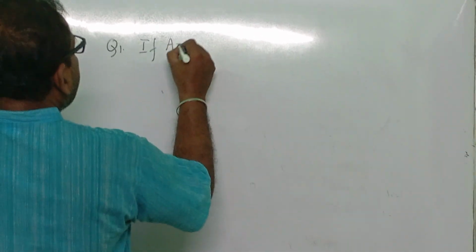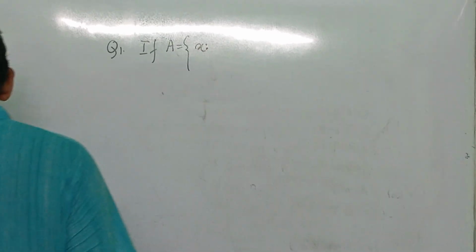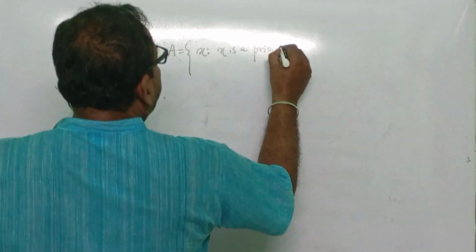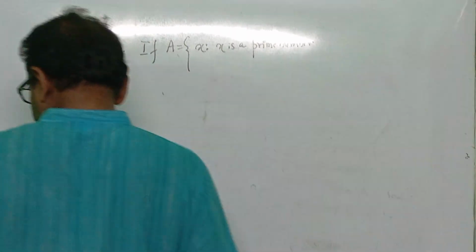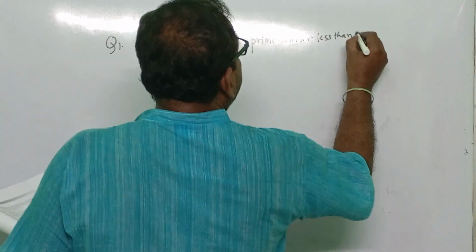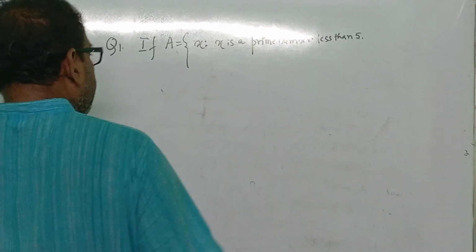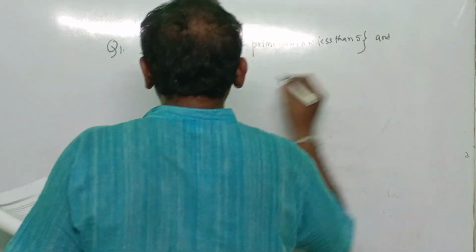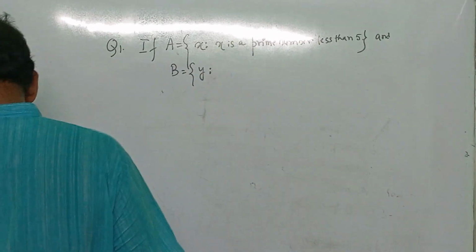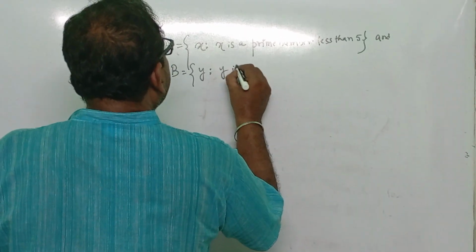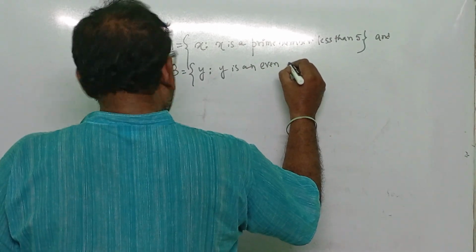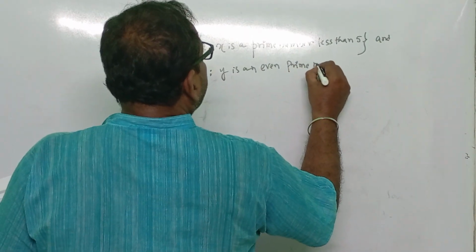If A is a set, X is an element, and X is a prime number less than 5, and B is a set having the element Y, and Y is an even prime number.